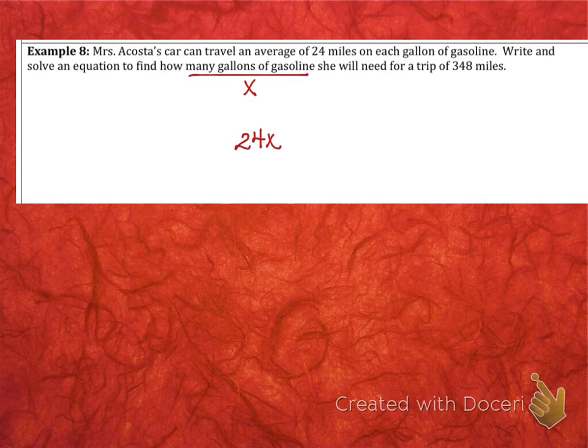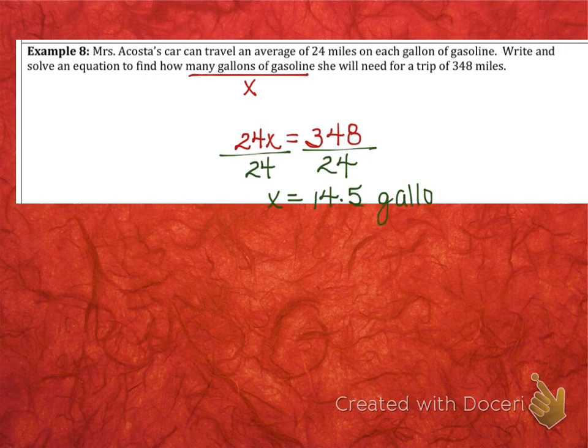Per means multiplying. So we're going to take 24 times x and set it equal to her total mileage for the trip, 348. We're going to divide both sides by 24. So Mrs. Acosta will need 14.5 gallons in order to make her trip.